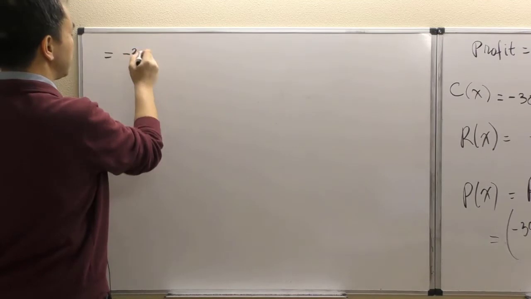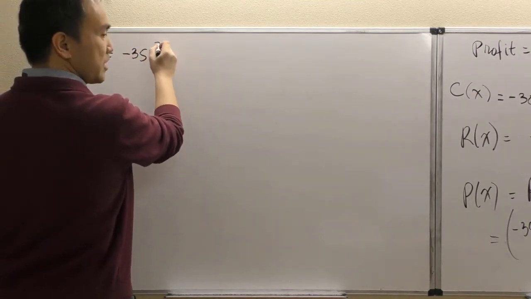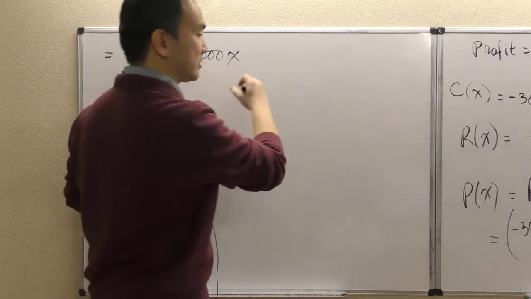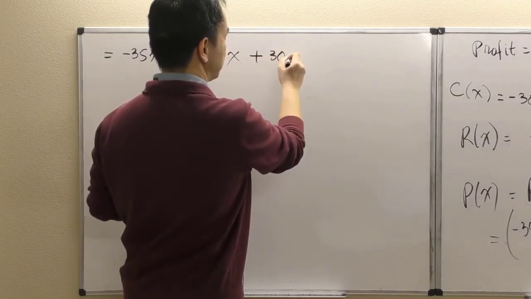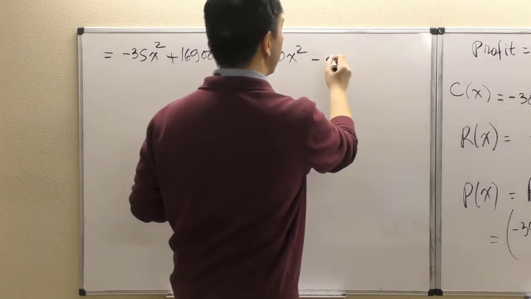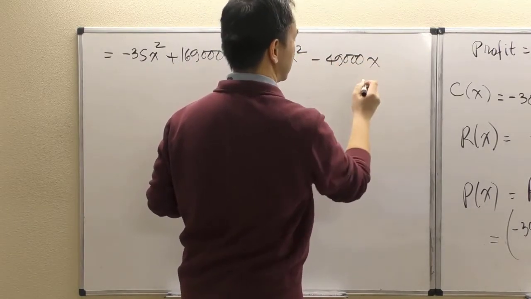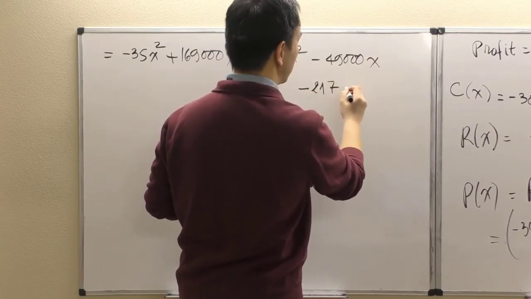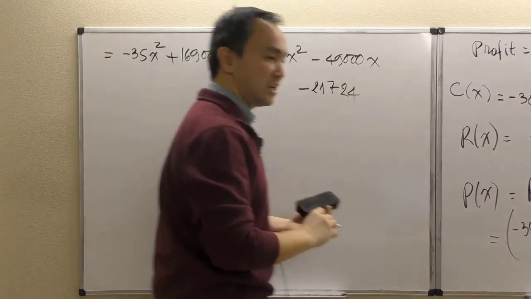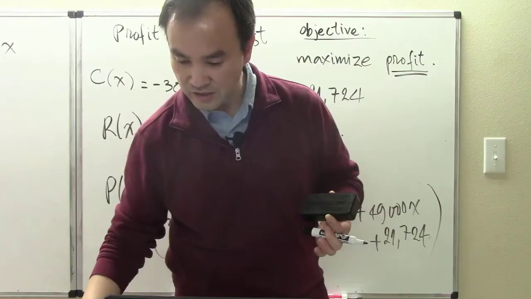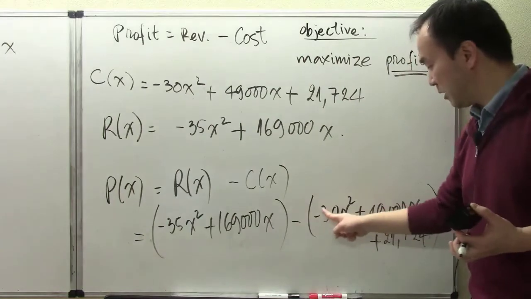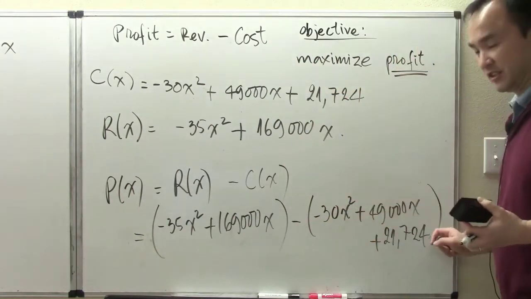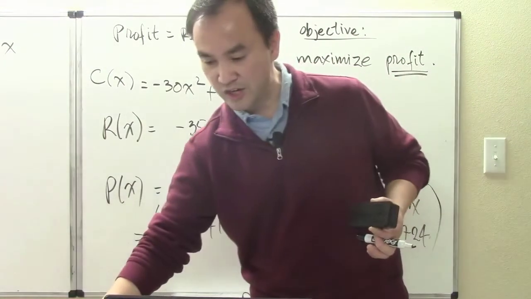So minus 35x squared plus 169,000x plus 30x squared and minus 49,000x and minus 21,724, because the minus sign here was responsible for switching all the signs that happened after we took out the parentheses. And that's how you saw I switched the signs in the other board.